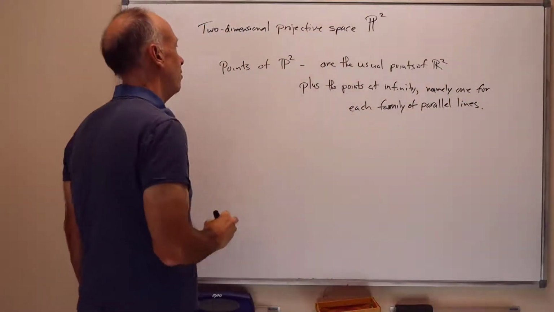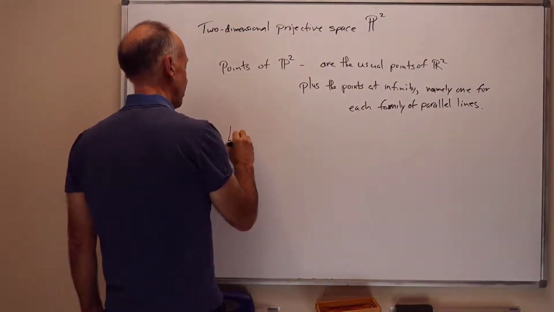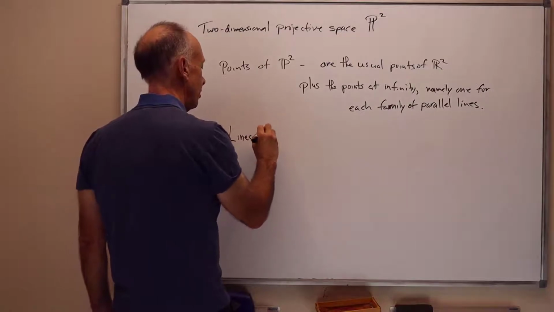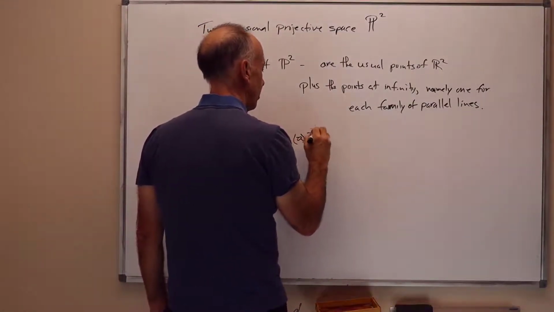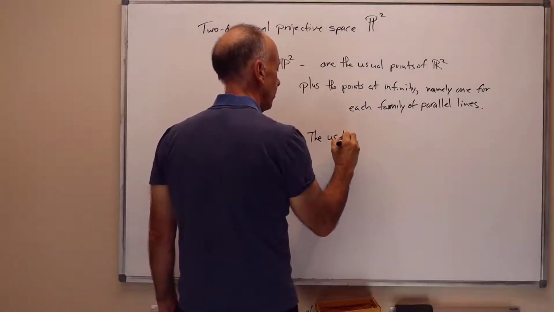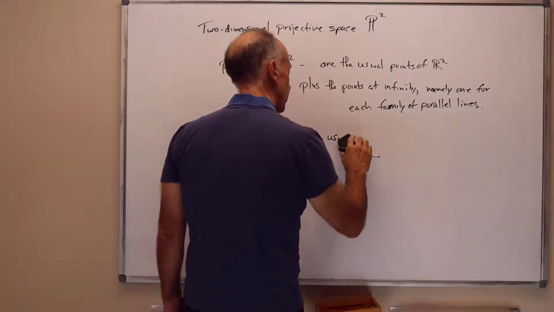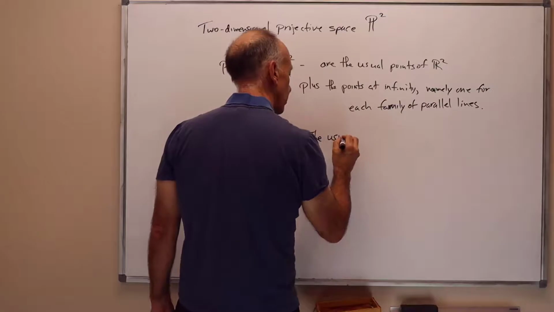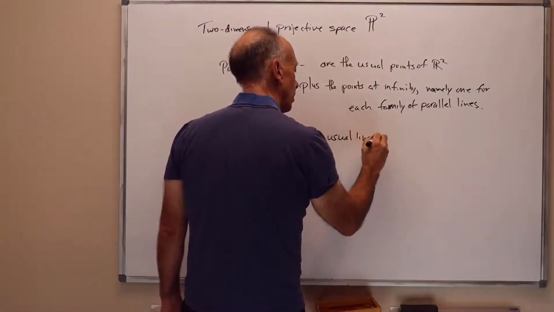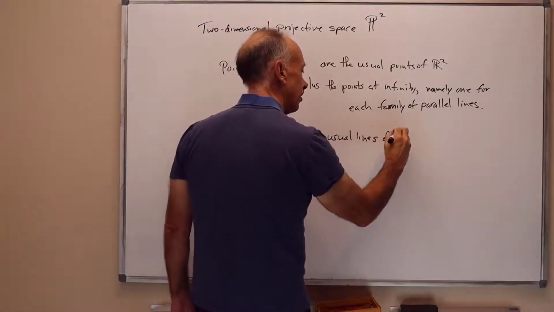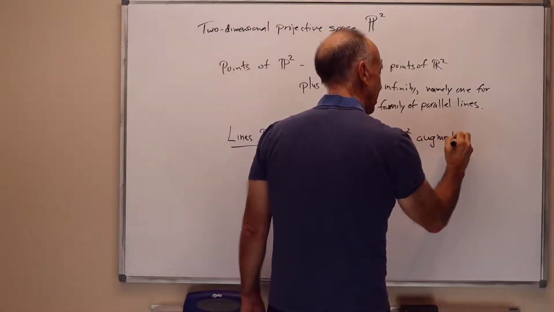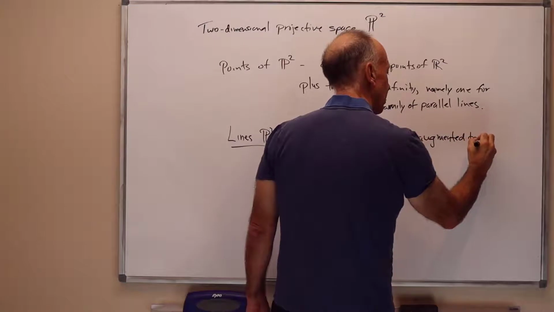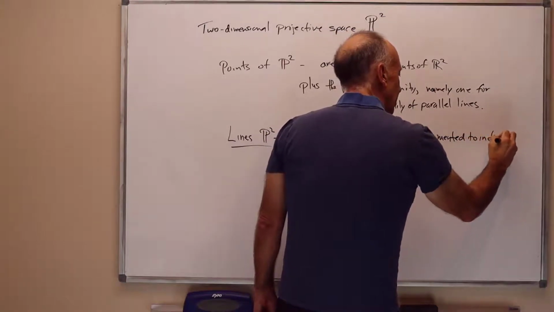Okay, so the lines of P2 are, firstly, the usual lines of R2, but now augmented to include their points at infinity. So we actually add an extra point at infinity to each line.